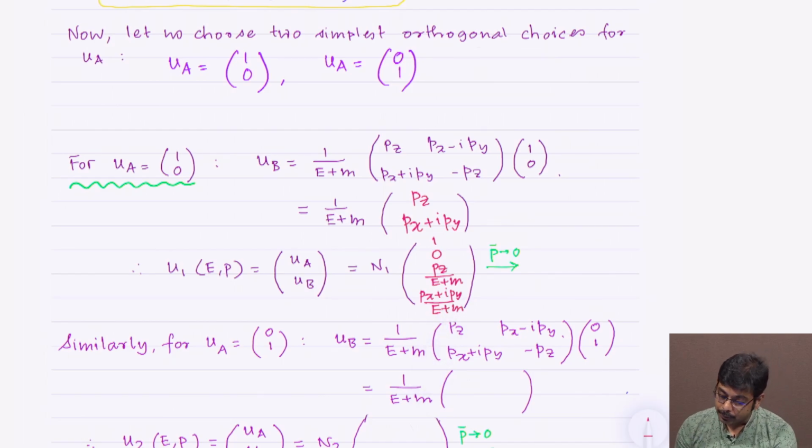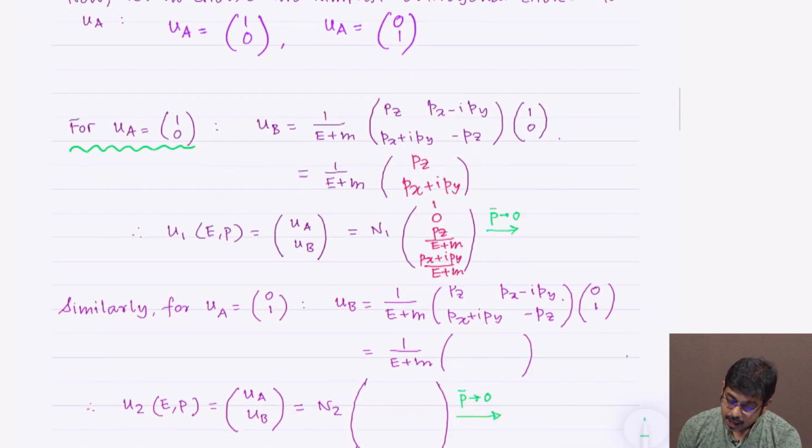Excellent. So, we have the full spinor from here. Now, let us try to see what is the limit of this spinor, that is a solution of the Dirac equation that we have obtained for the p not equal to 0 case. What happens when we take the p tending to 0 limit?